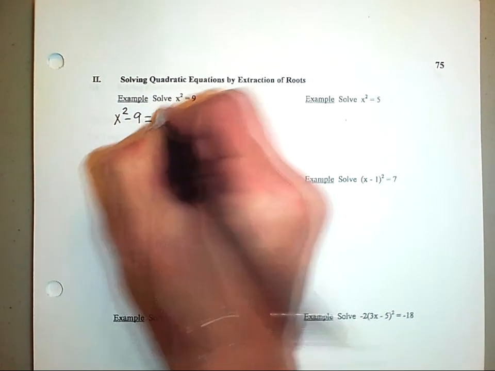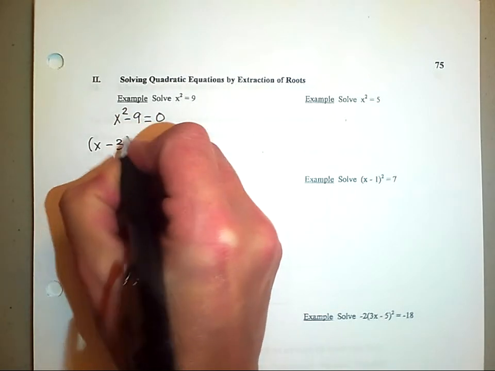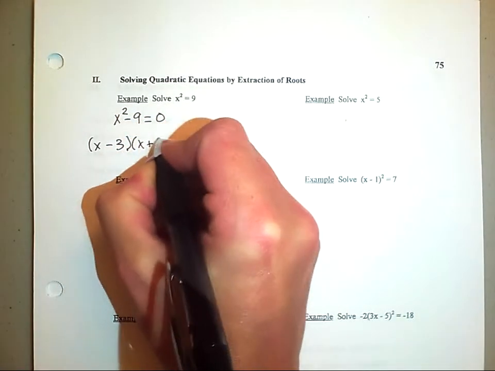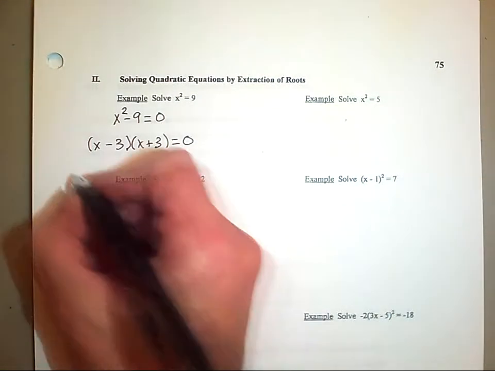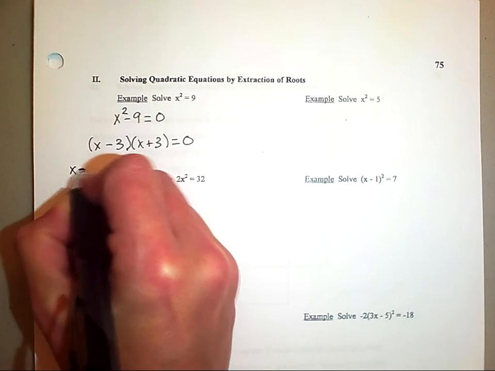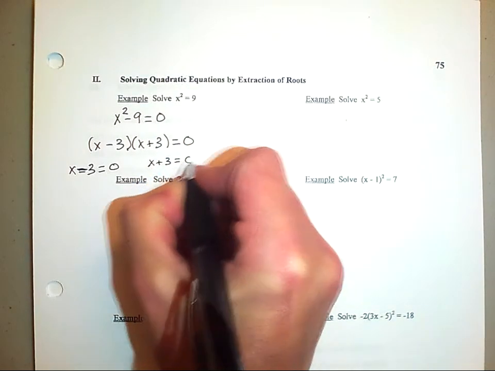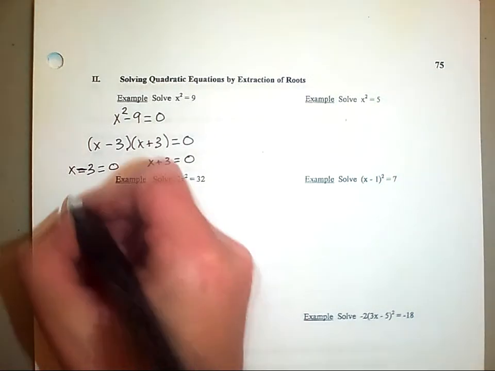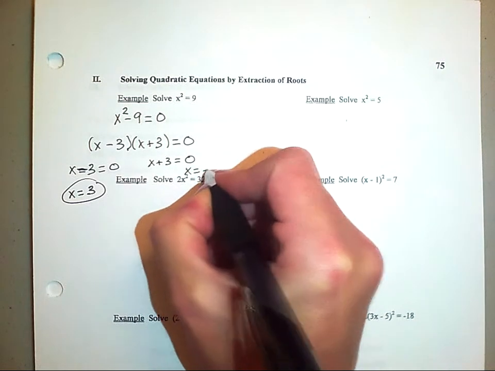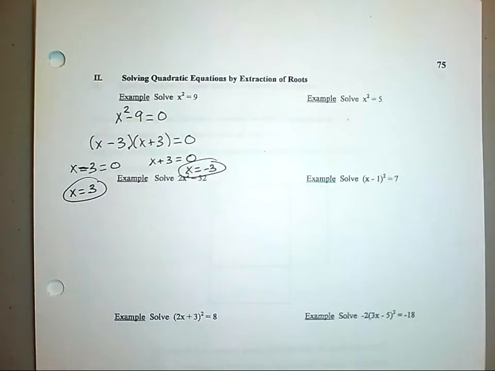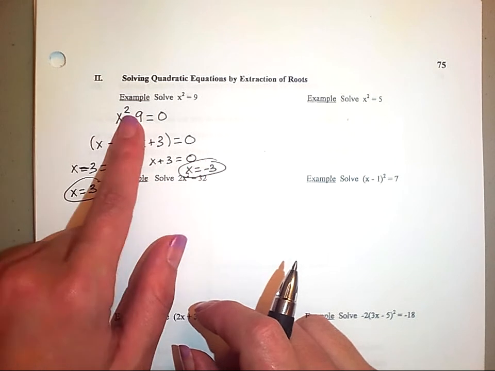And then if we factor it, this would be x minus 3 times x plus 3 is equal to 0. So then it's either that x minus 3 equals 0 or x plus 3 equals 0. So x is equal to positive 3, or x is equal to negative 3. This is if we would do it by factoring. Now notice we have a second degree equation, so we have 2 different solutions.